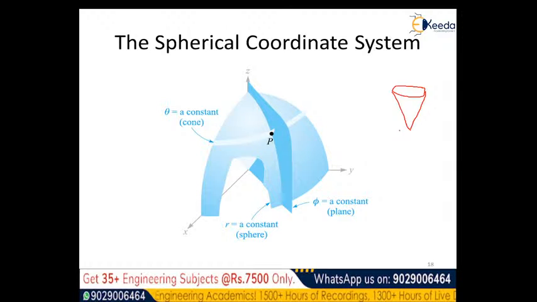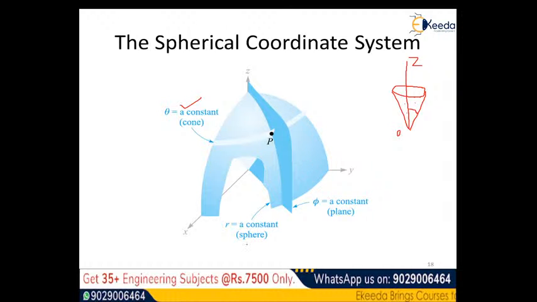This point is nothing but the origin O. Out of a sphere we have this vertical orientation of the z axis, and every point lying either on the periphery of this particular cone, which is hollow inside, will make the same angle theta, which has a constant value. So this is nothing but the conical surface.